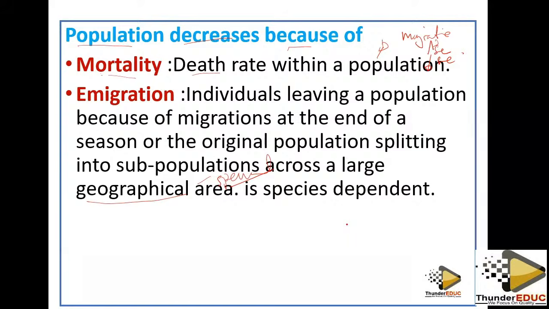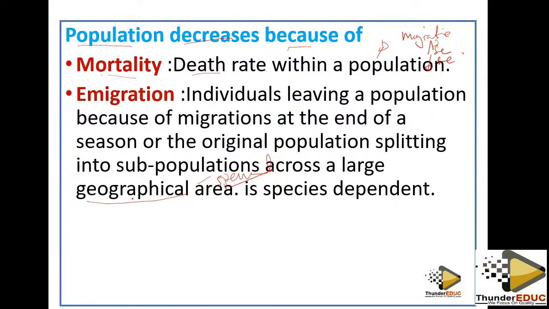So it means that one population will split into different subpopulations. So basically, this is also species dependent. It depends on the type of species which is being subjected to emigration.